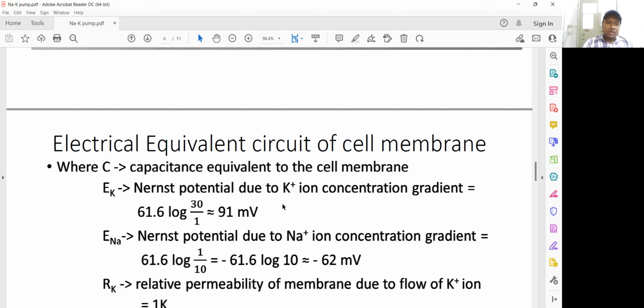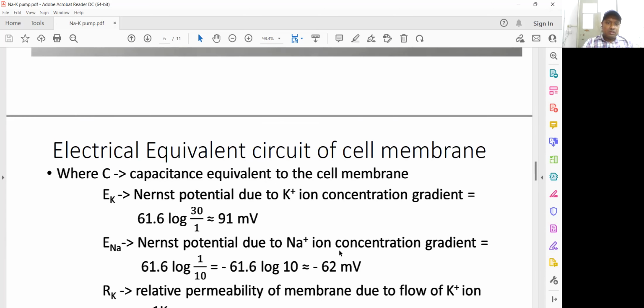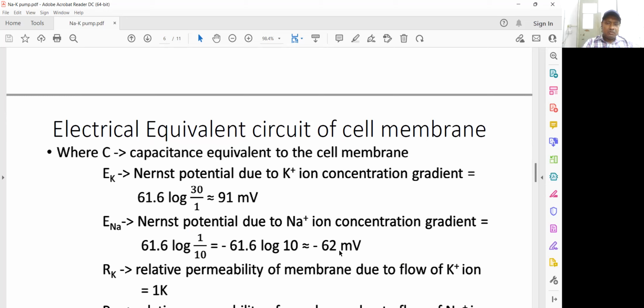Next one is the ENA. This ENA is the Nernst potential due to the sodium ion concentration gradient, which is 10 times higher at the outside than the inside. So that is why it is 61.6 log 1 by 10.